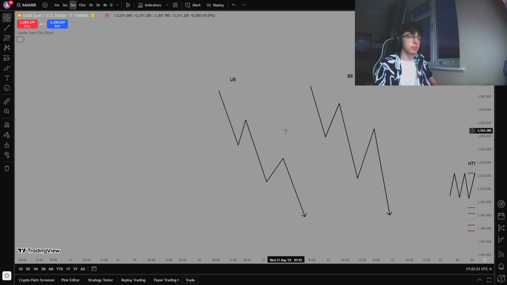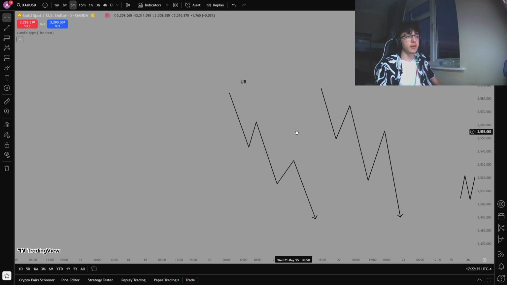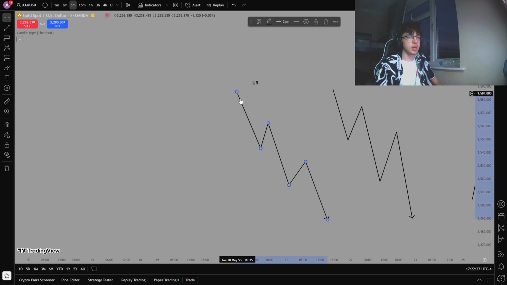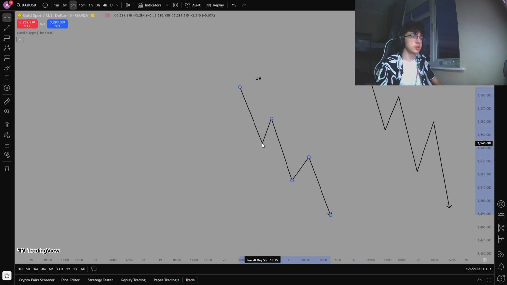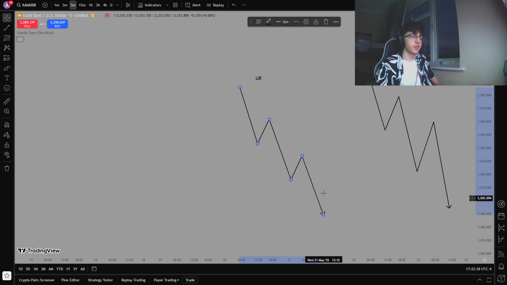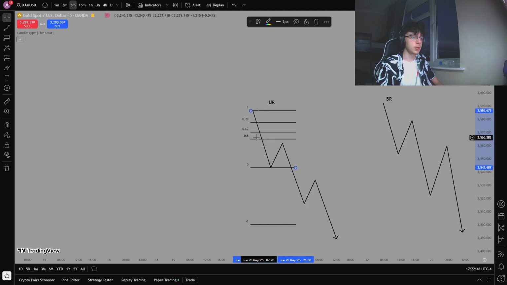When we're looking at ranges being created in the market, we have something called unbalanced ranges and balanced ranges. An unbalanced range is a move down, for example a distribution phase, followed by a move higher and a move down, but that move higher does not touch into equilibrium.